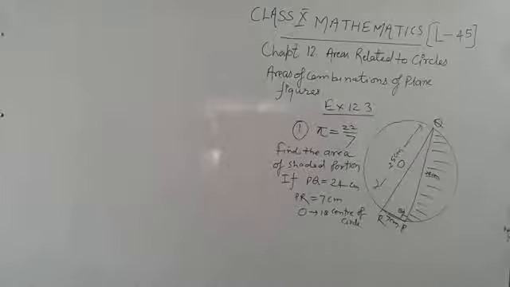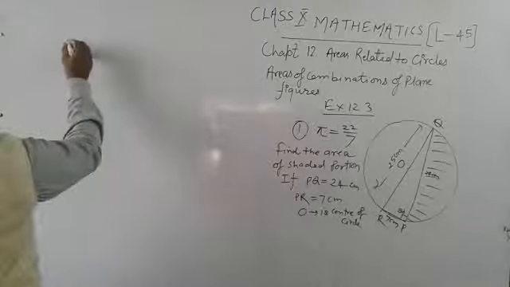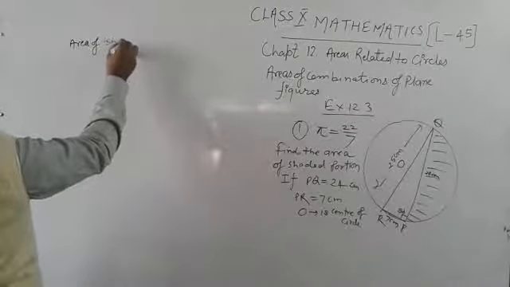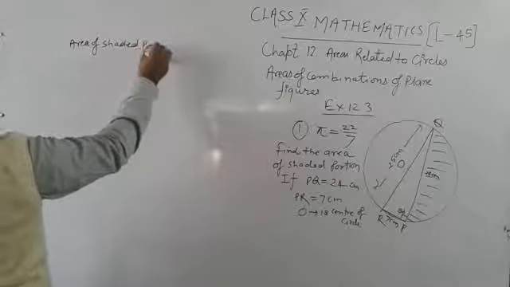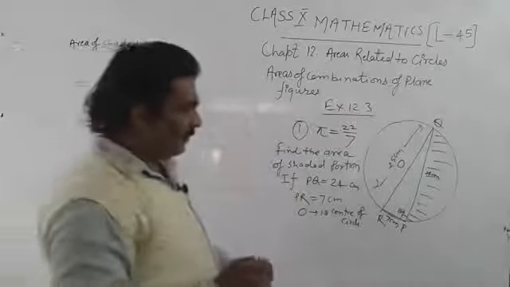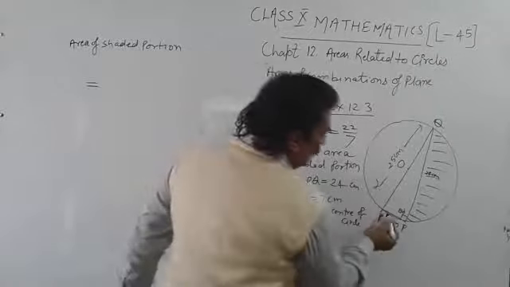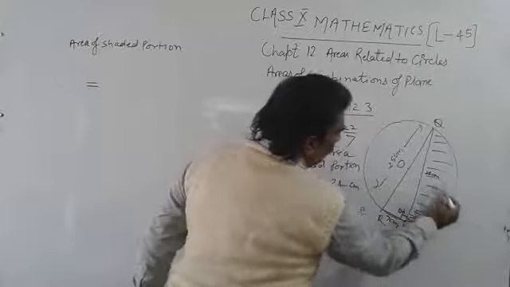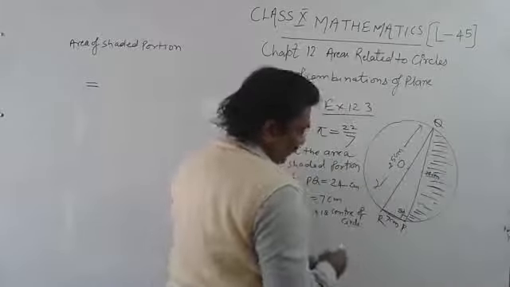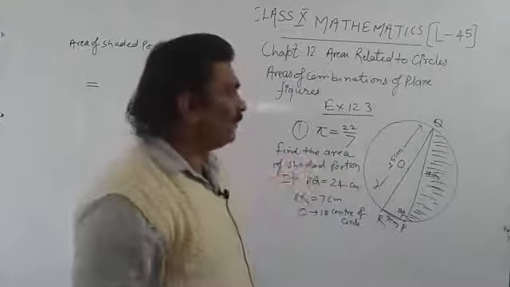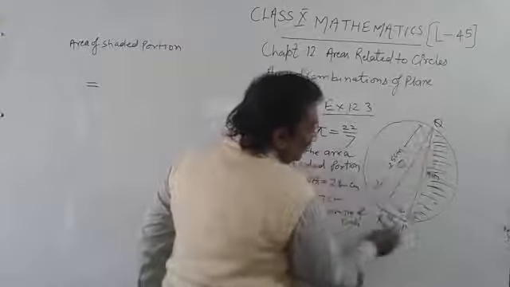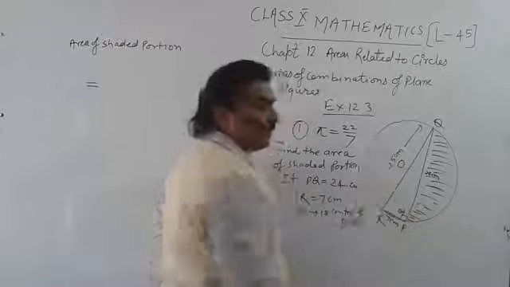So, now students, we have to find the area of the shaded portion. So, students, see here the diagram. We have this shaded portion, right? And this is a part of the semicircle. And students, with this diagram, we can understand that area of semicircle minus area of triangle is equal to area of shaded portion.